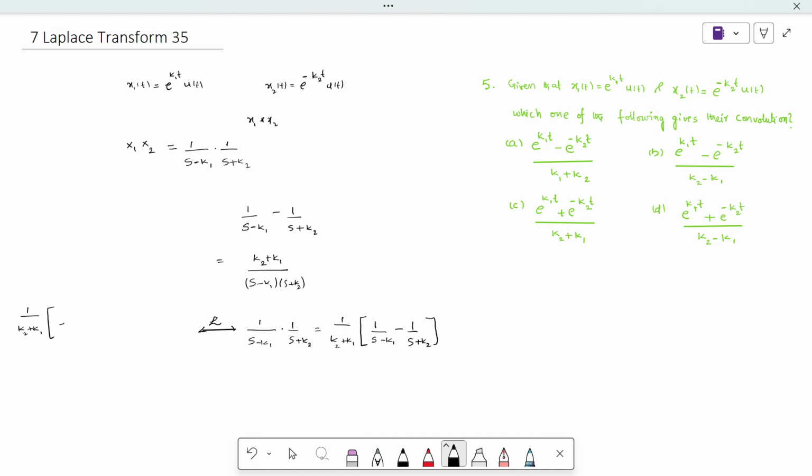So this is e power k1 t into u of t minus e power minus k2 t into u of t. So that is e power k1 t minus e power minus k2 t by k2 plus k1. So the answer is option A.